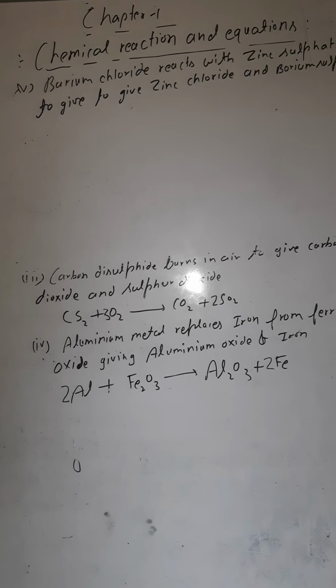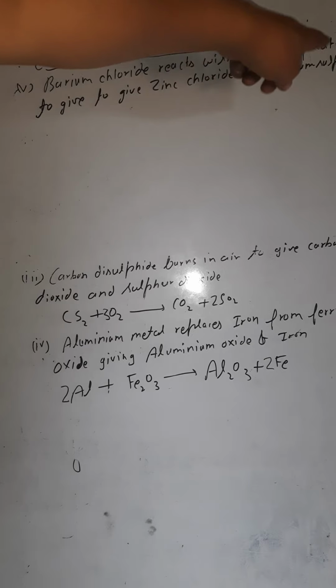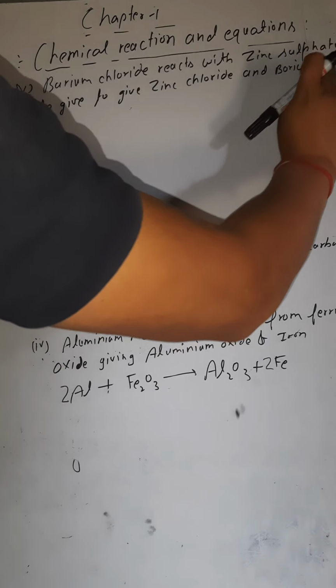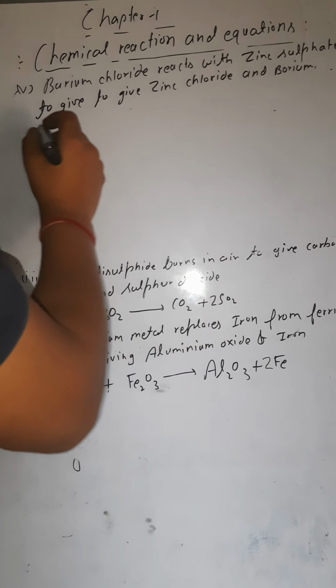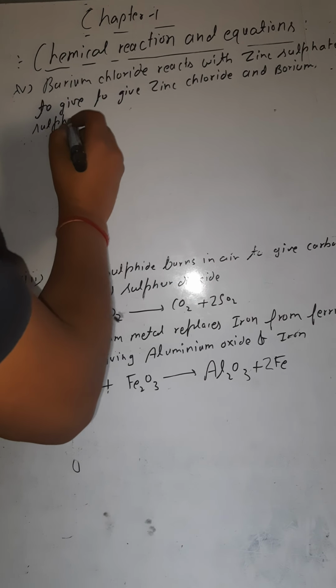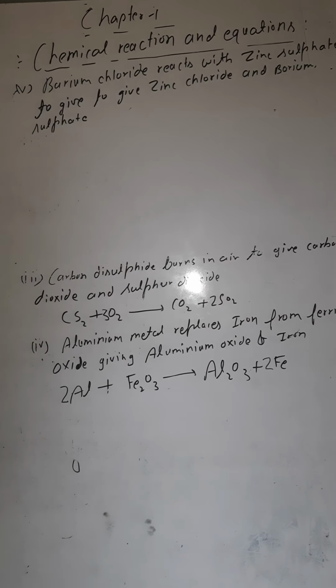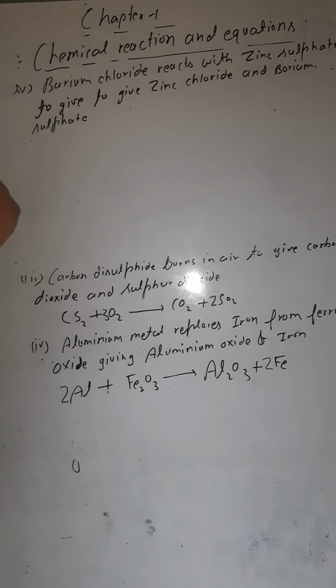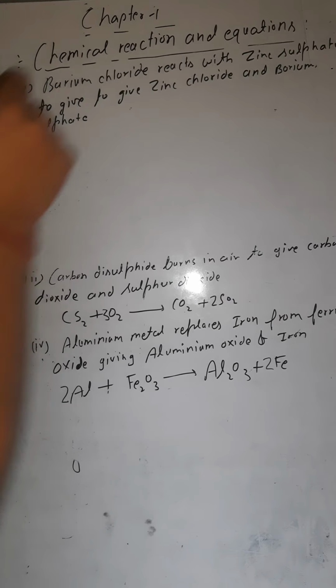Is it visible to you? This is sulfate and this is one, to give barium sulfate. Here I am writing this. Okay. Barium chloride reacts with zinc sulfate. Barium chloride reacts with zinc sulfate to give what? To give zinc chloride and barium sulfate.